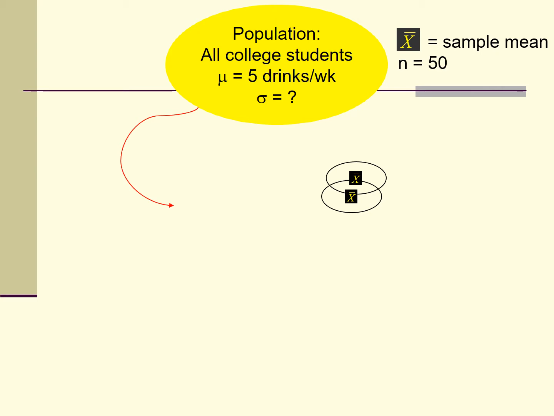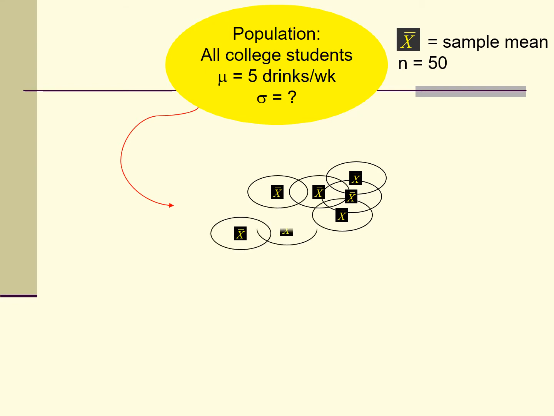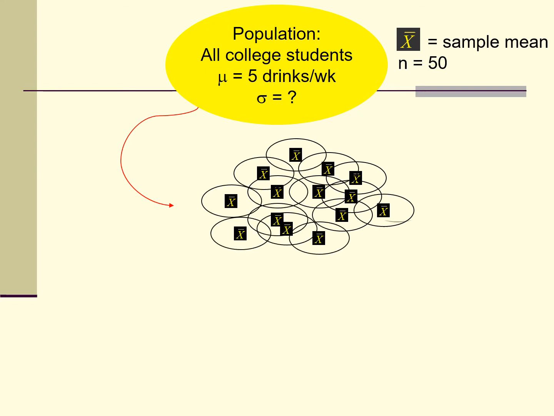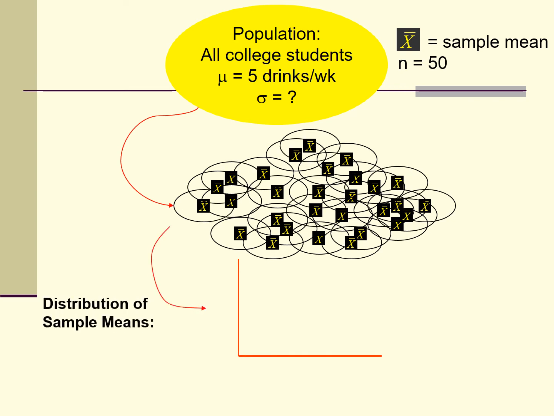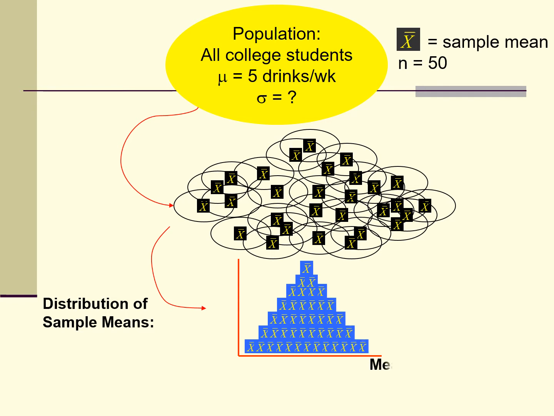If we do this over and over, we will have a lot of sample means. When we plot these means, we will have the distribution of sample means.